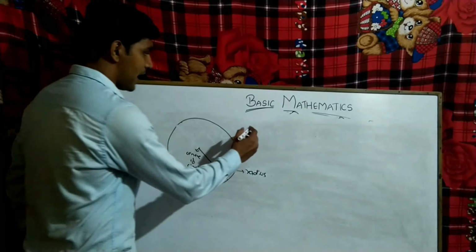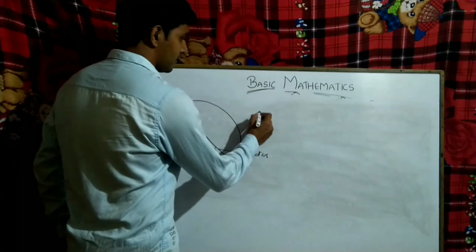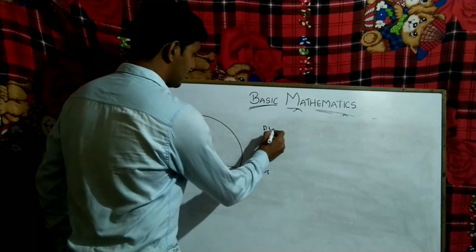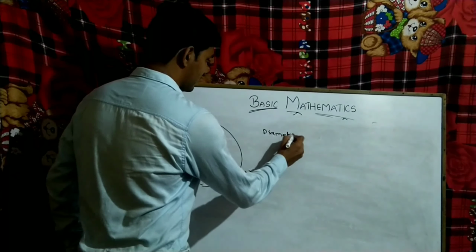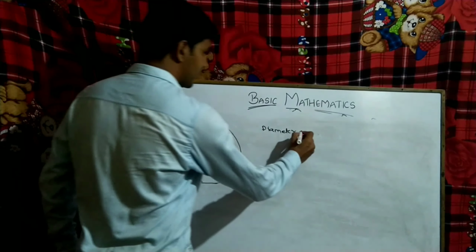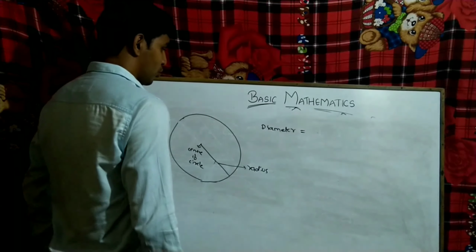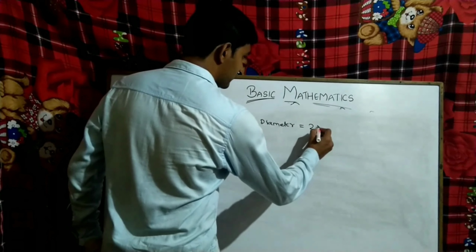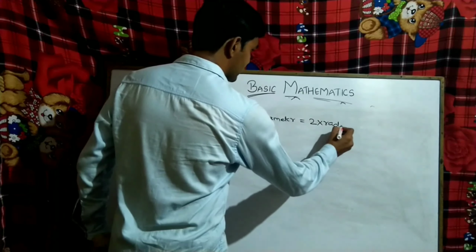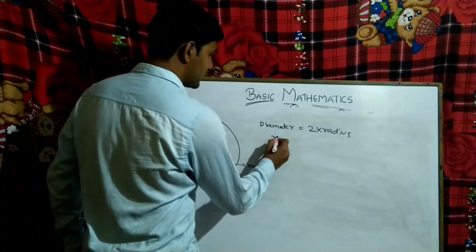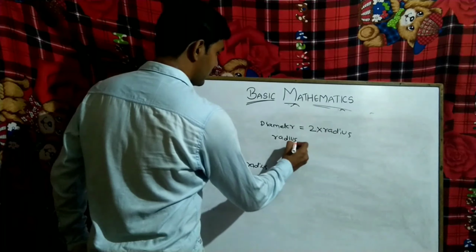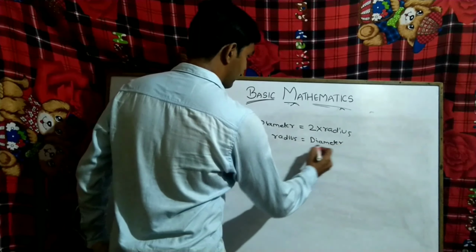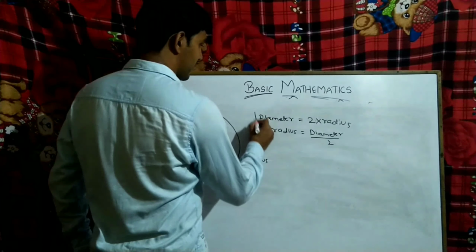Remember one thing: diameter is equal to 2 times the radius, and radius is equal to diameter by 2. So you have to remember these 2 points.